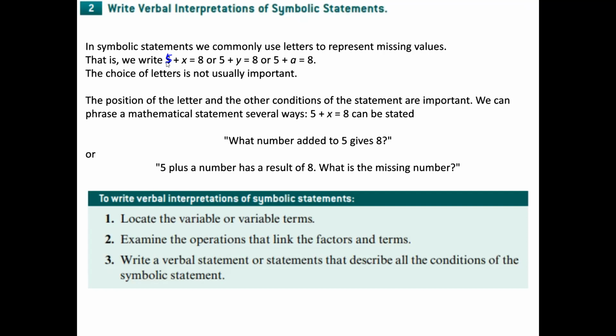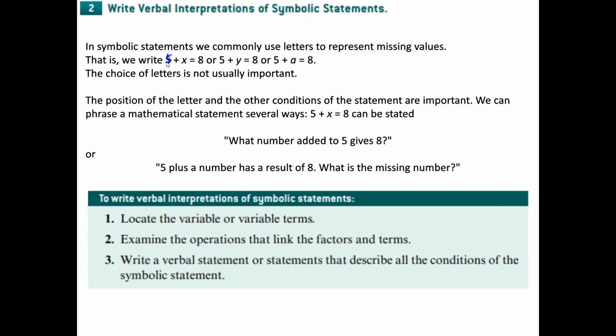The choice of letters is not usually important. The position of the letter and the other conditions of the statements are important. We can phrase a mathematical statement several ways. 5 plus x equals 8 can be stated: what number added to 5 gives 8?